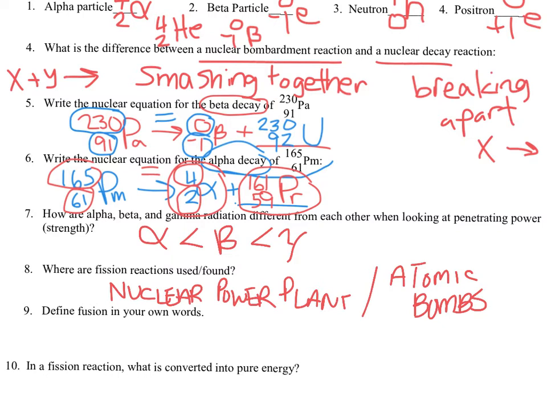All right, let's look at number 9. Define fusion in your own words. So for me, I would say, take the nucleus of two elements, and what are we going to do with those nuclei?